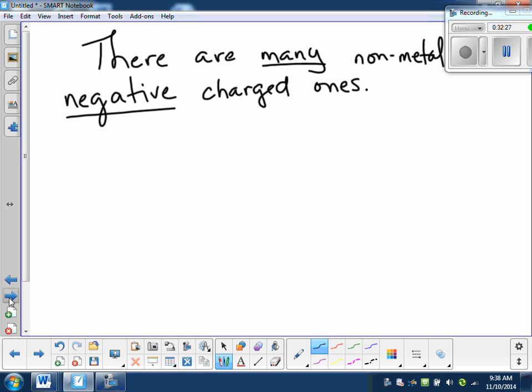There should be a chart with some common polyatomic anions in there. These negatively charged ions. It'd be good if I could put the page number of that chart. It must be in your book somewhere in the middle of chapter 3. You got it, Liam? Page 80? Let me just have a look at that. Okay. Page 80 in your textbook.